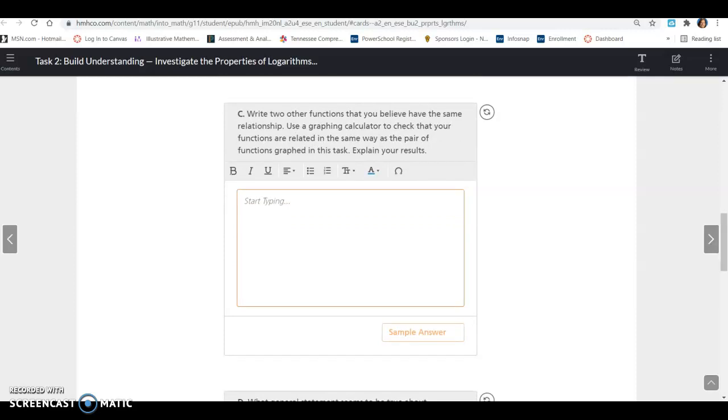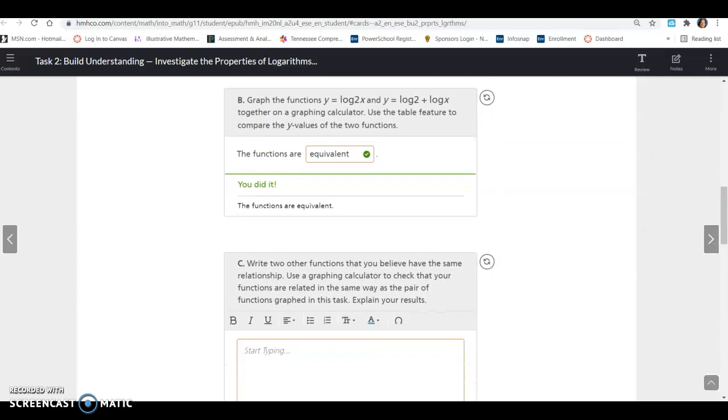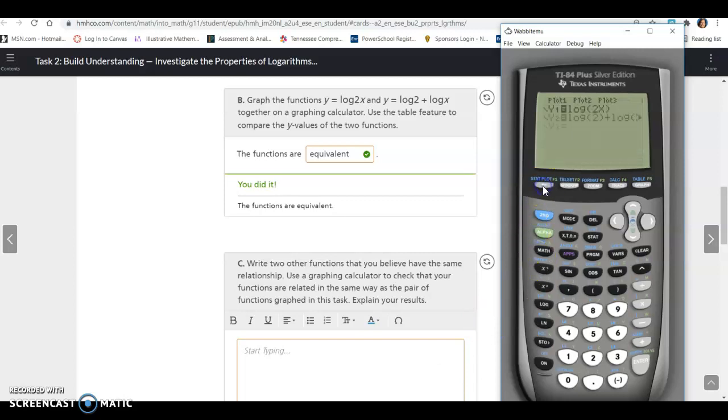All right, so it says write two other functions that you believe have the same relationship. Okay, so if we want to use another function like this, maybe we try log of 4x and then log of 4 plus log of x and see what happens. Okay, and then it says explain your results. So if we go in here, let's just change this to a 4.